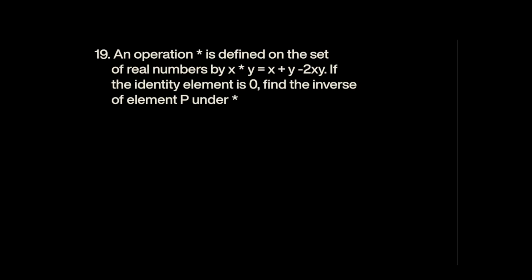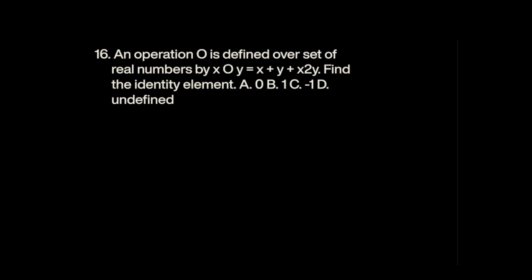Okay. Now, this one is an inverse question. All right. This is a question here. So an operation O is defined over the set of real numbers by x operation y equal x plus y plus x square y.